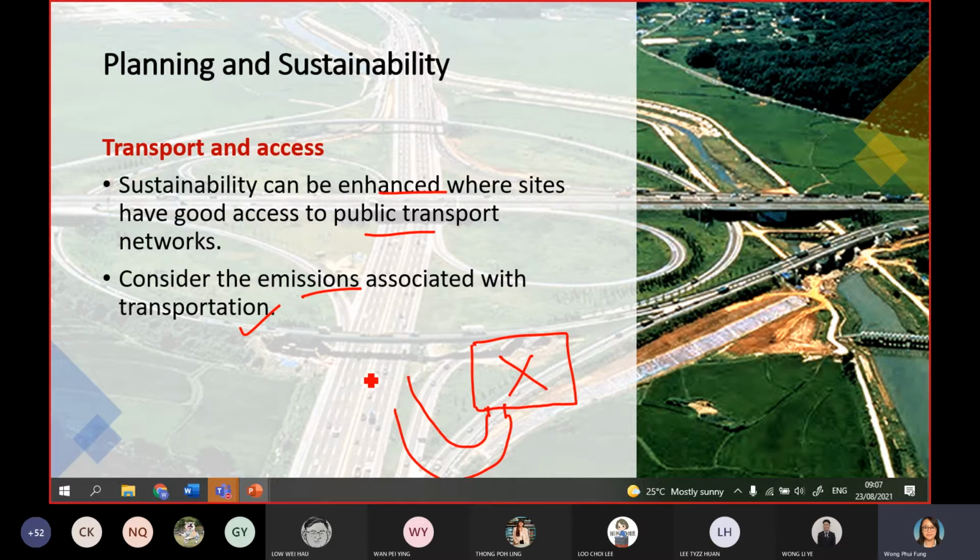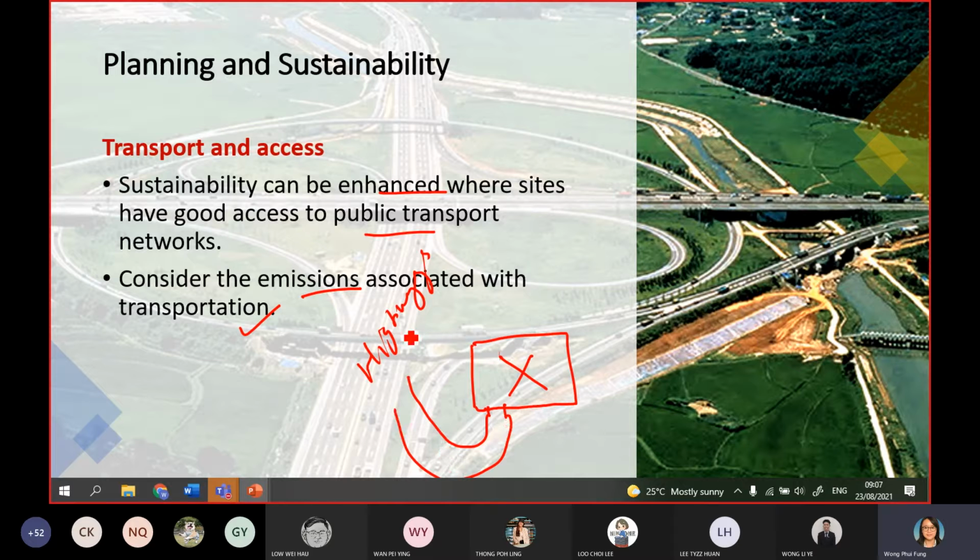Say for example, this is the major highway that connects to the city center. So the developer has to think about how far, what is the traveling time from the people who stay here to the nearest major highway. If the distance is very far, then it's actually not so good.